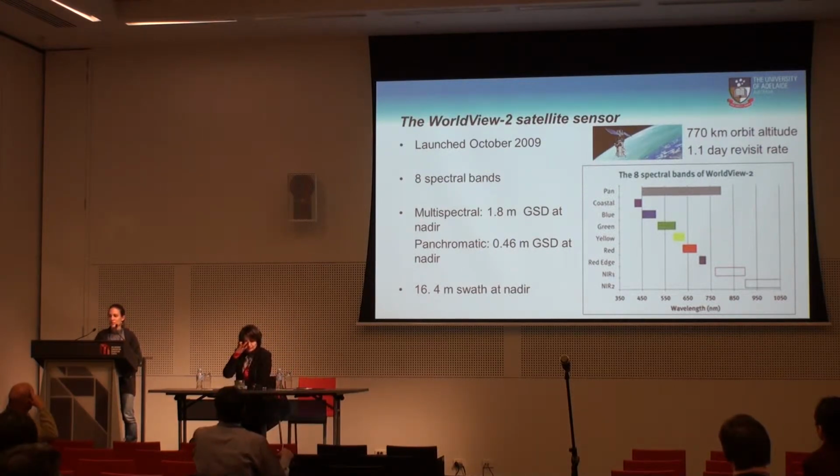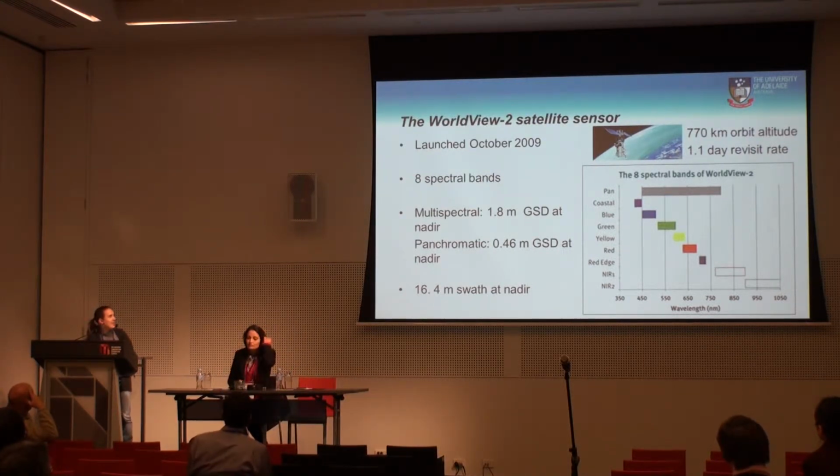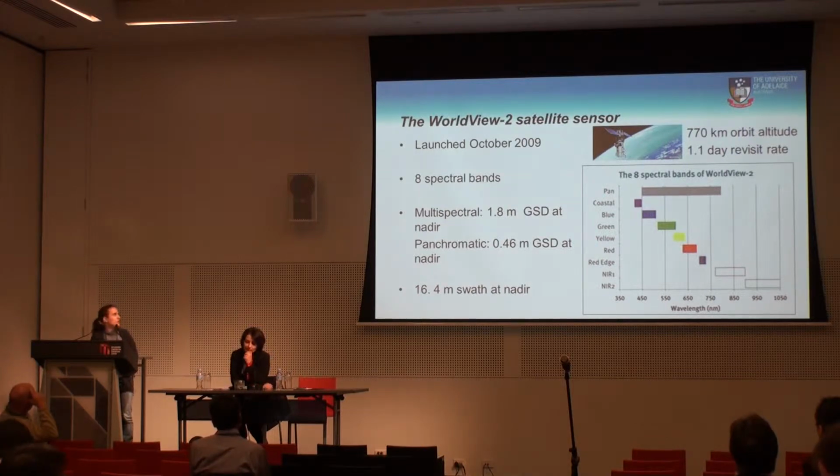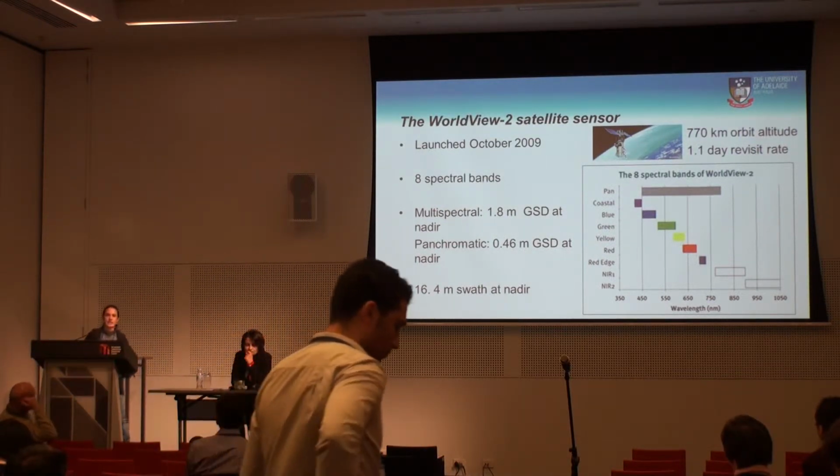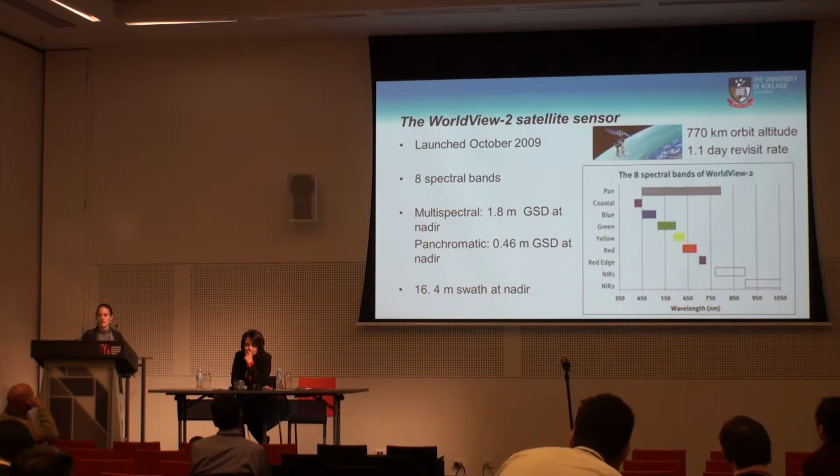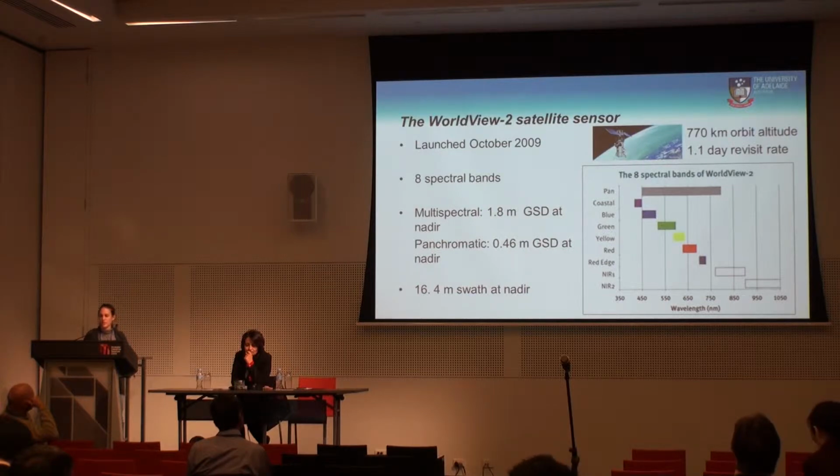What is WorldView-2? The satellite sensor, launched fairly recently in 2009, has 8 spectral bands, and it's got a high spatial resolution, pixels of about 2 meters in the imagery, and it covers a gap in available sensors, having both the high spatial resolution and a moderate spectral resolution.